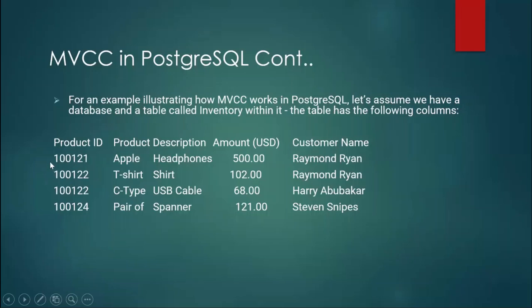Assume that I have a product ID 100 and 121. Amount is 500 USD, right? Now, in this case, transactions T1 and T2 are trying to update the same amount value from 500. One transaction is updating to 550, the other transaction is updating to 580 at the same time.